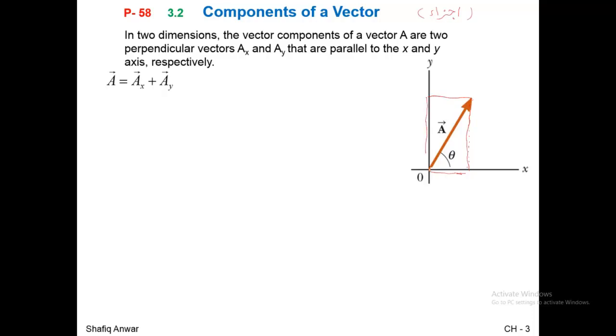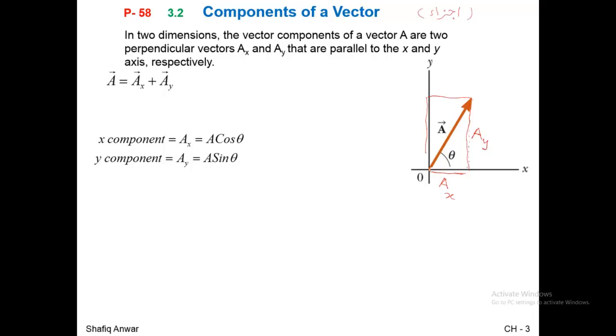So what does it mean? It means this is vector a, the original vector, in red color, and this is along the x-axis. I call this the x component of the vector, and this is the y component of the vector. This is the original vector. So we have two parts of this vector a, one along the x-axis, one along the y-axis.